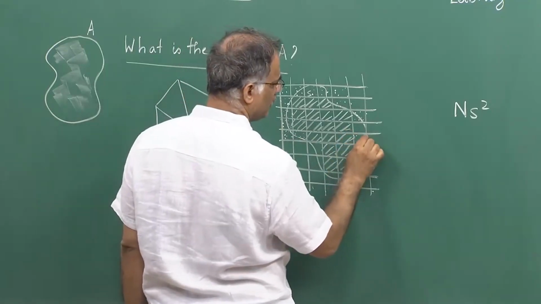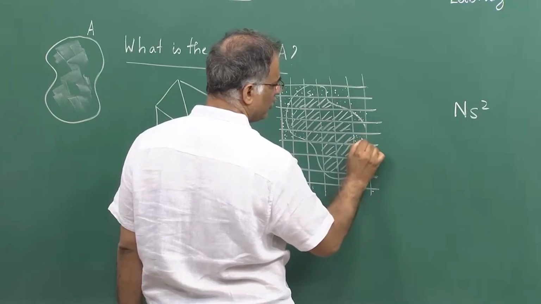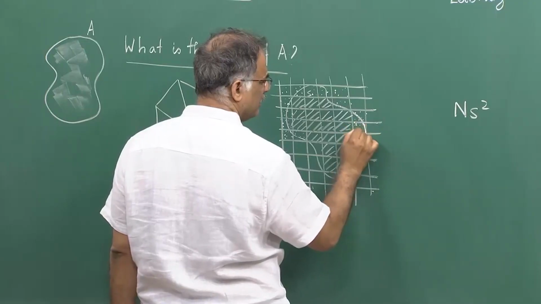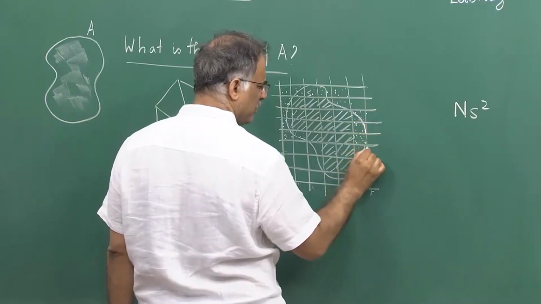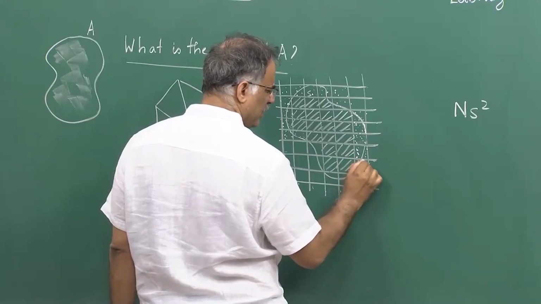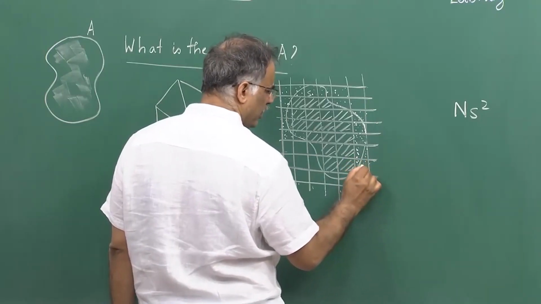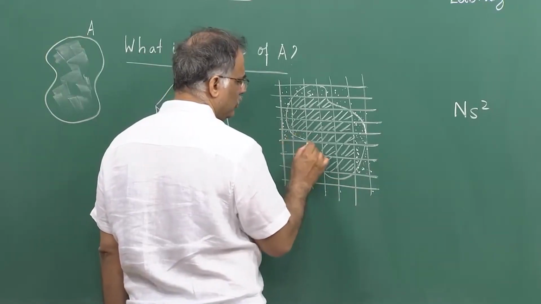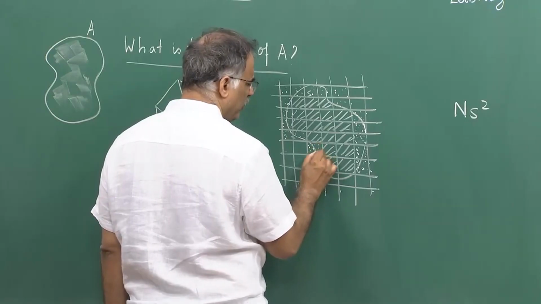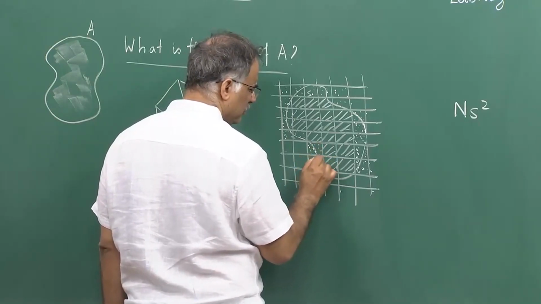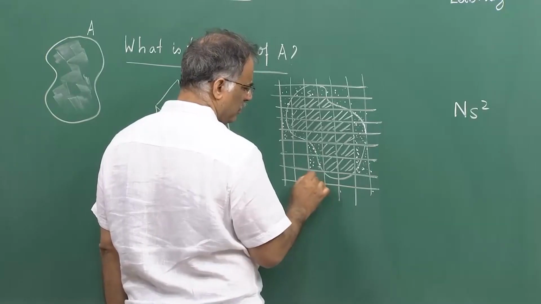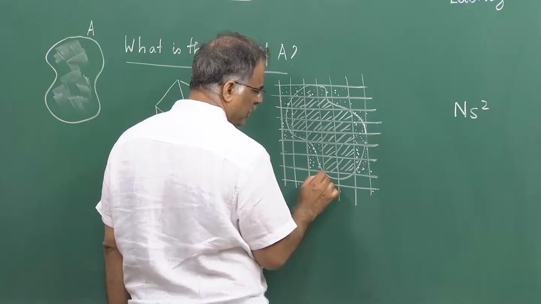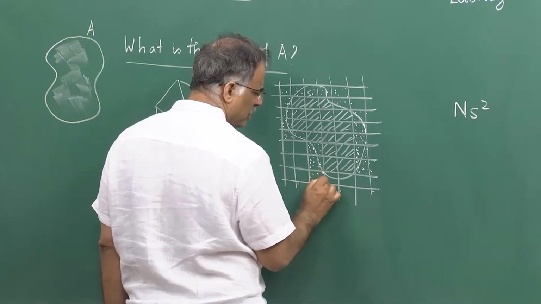This one was slightly outside the body, so we had not taken it inside. This is completely out. So we are basically covering these rectangles which overlap with the body. We will not cover any rectangles which are away from the body, which do not overlap with it. So only those which have an overlap with the body. If for example here there is only one point which is passing, or a little bit, we take this one.